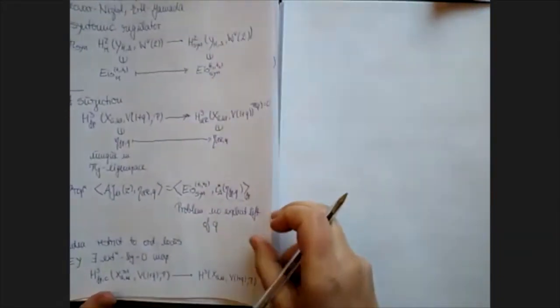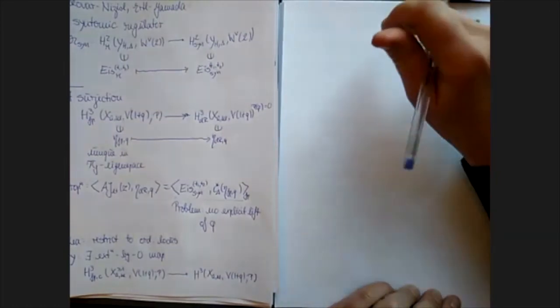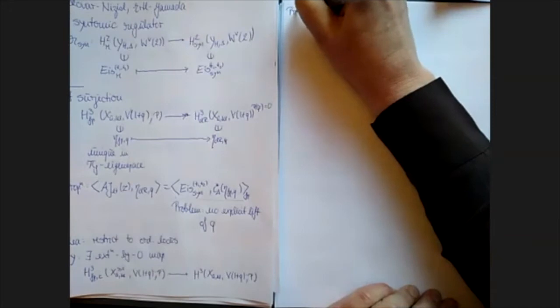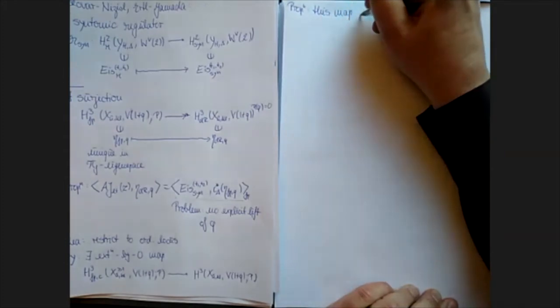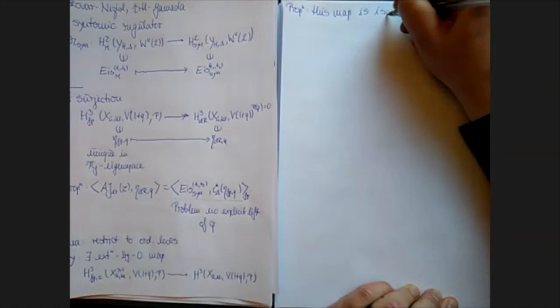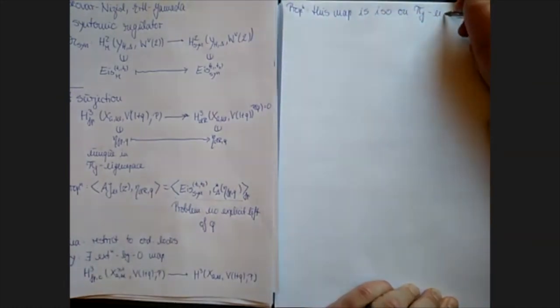And one can show that this extension by zero map is an isomorphism on the pi f eigenspace.